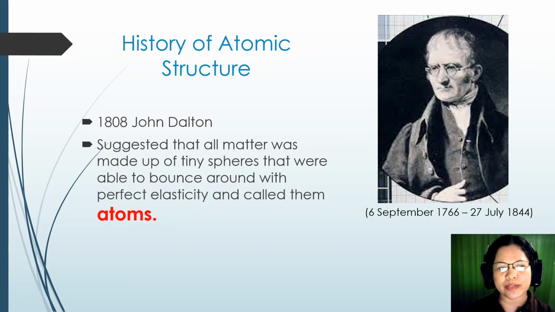Why? Because according to him, it is more fitting to describe them as atoms, since all matter contains tiny spheres that bounce back, that are bouncing. So that is very elastic in nature.